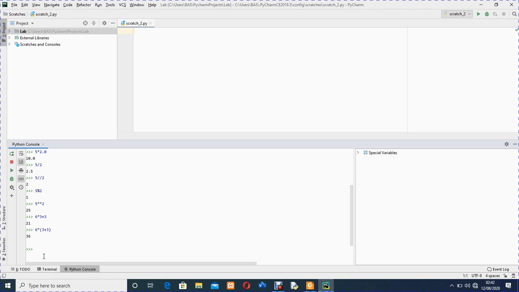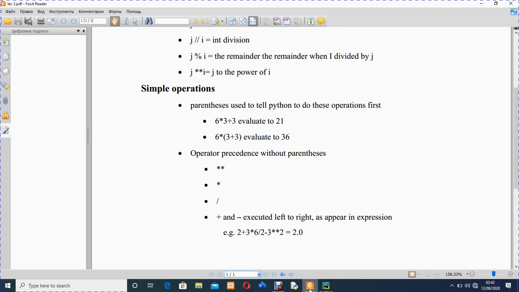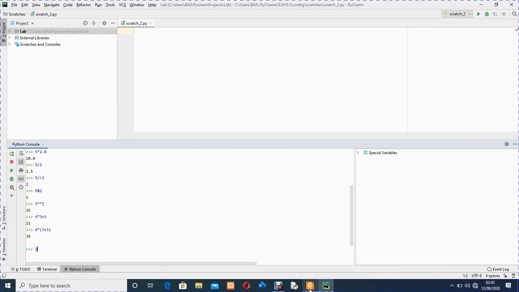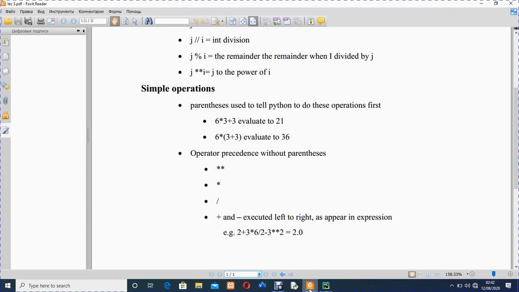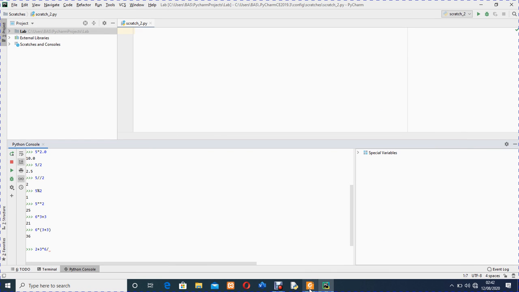The equation says 2 plus 3 times 6 over 2 minus 3 to the power of 2.